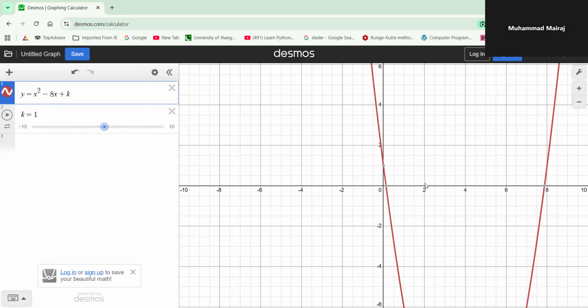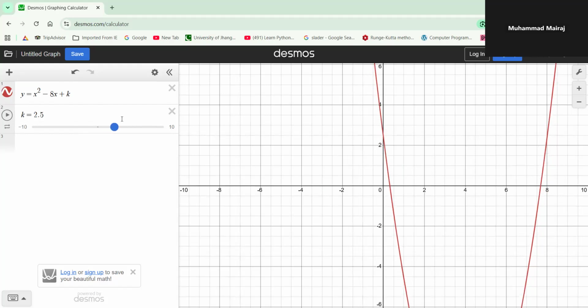If we move the slider, we can move it until the parabola just touches the x-axis at exactly one point. Now we have two points, this one and this one, but we will move the slider such that it touches only one point.